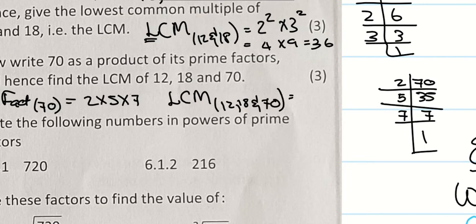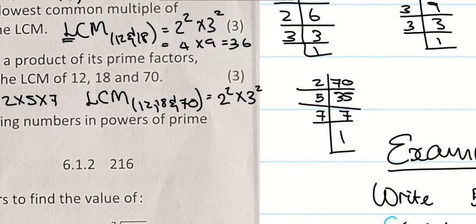So what is going to be our numbers? 2 is there. 2 to the power of 2 times 3 to the power of 2 times, what am I missing? Times 5 times 7. Okay, and then we say, now we simplify 2 to the power of 2 is equal to 4. 4 times 9 times 5 times 7.